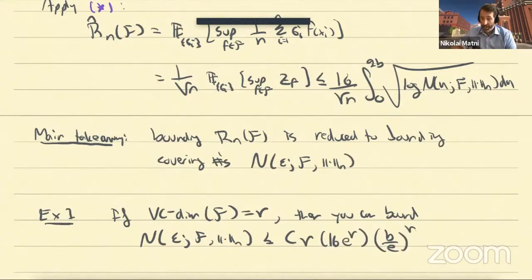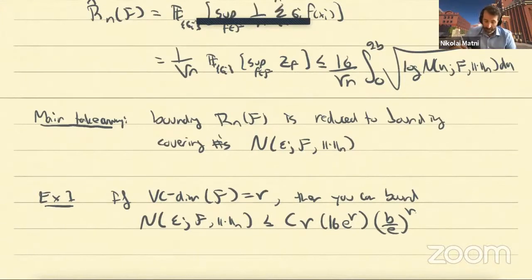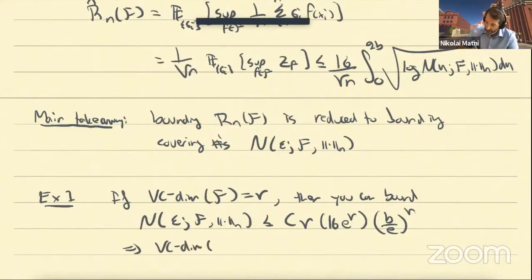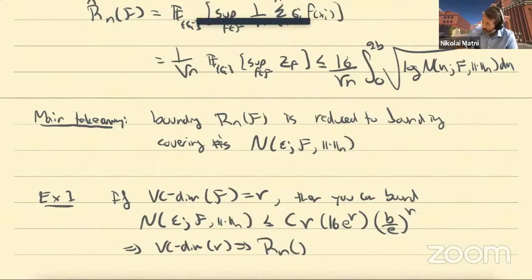So in particular, if you throw a log on that, you see that VC dim of nu implies that my Rademacher complexity is upper bounded by nu over n, up to constant.